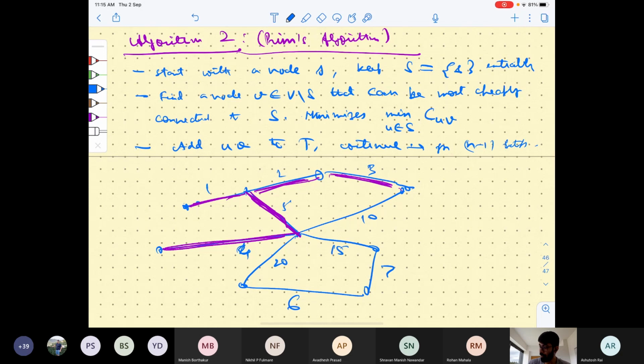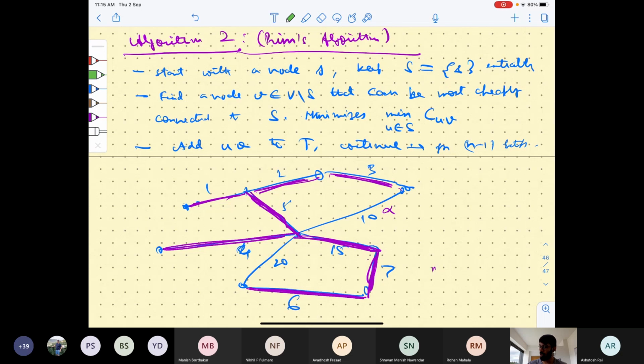Then 6 gets added, and then 7 gets added, still no cycle. And then if you add this 10, there is a cycle. So you will not add this 10, and instead you will add this 15. So this became a run of Kruskal's algorithm.